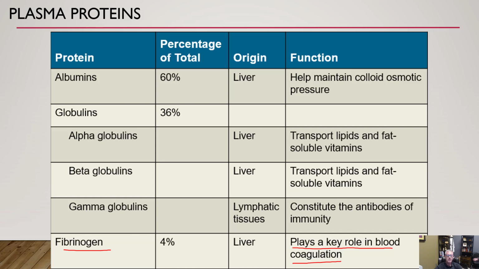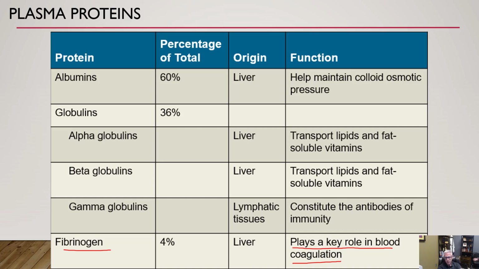And if you don't eat enough protein, we'll have this condition called hypoproteinemia. Hypo means under, protein means protein, EM means blood, and IA means condition of. So hypoproteinemia means basically a low plasma protein concentration.